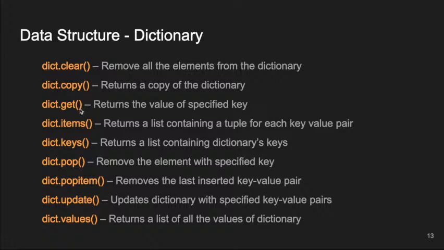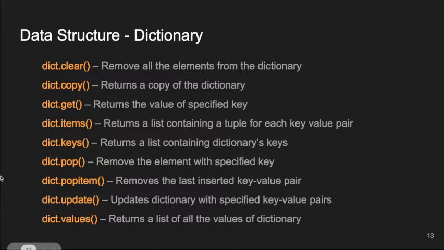We have get, if you want to get a specific value, which is by key. This is another way of accessing the values of the dictionary. You can also look at the other ones and see what they do. This is similar to the pop in a list. You can try it out and see.